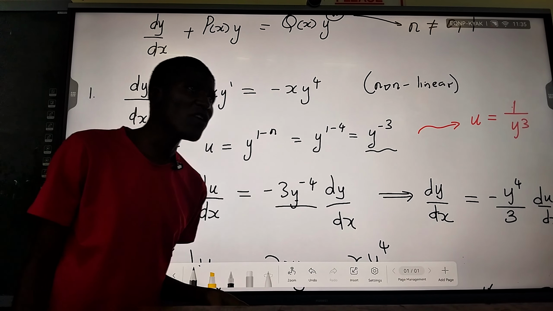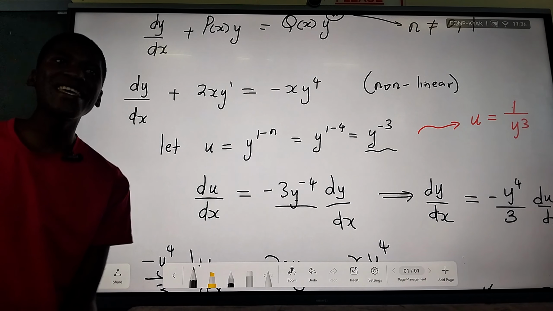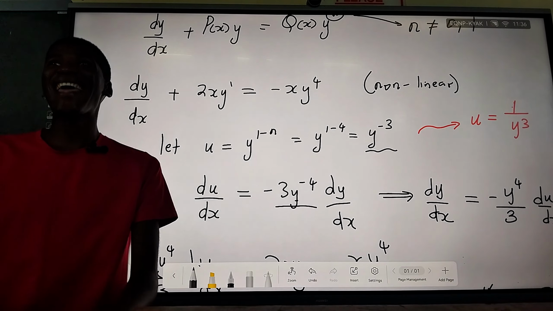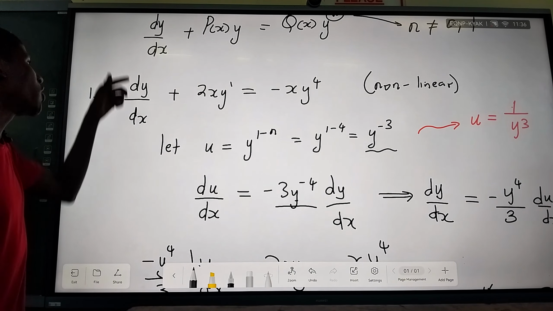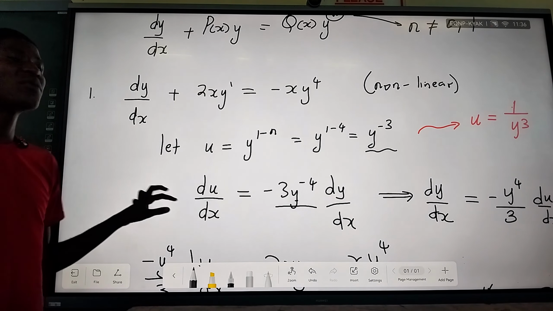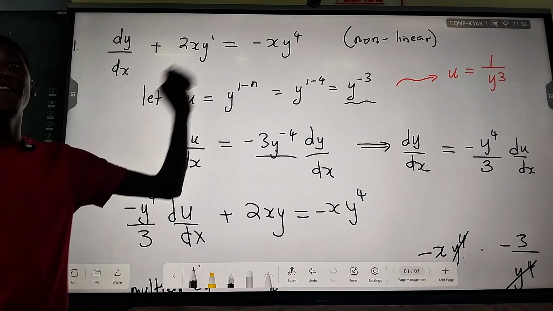Then what you do, you want to transform your differential equation completely from being a differential in y to be differential in x. So it means lo dy dx, you must try to solve it using this u. But you recognize when you say u is a function of y and y is a function of x.